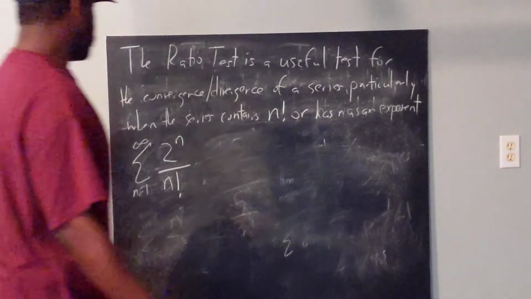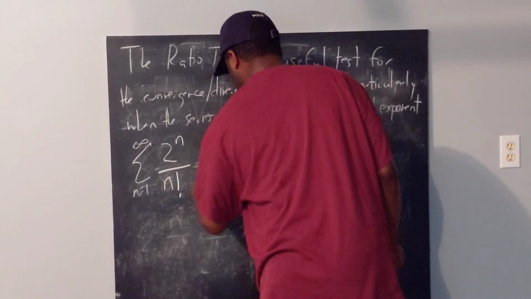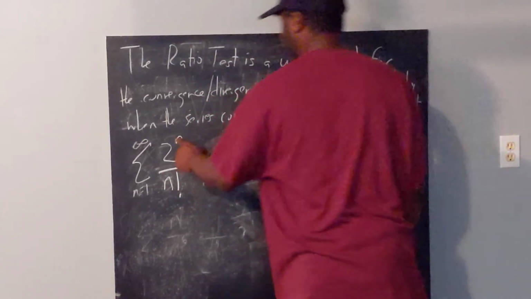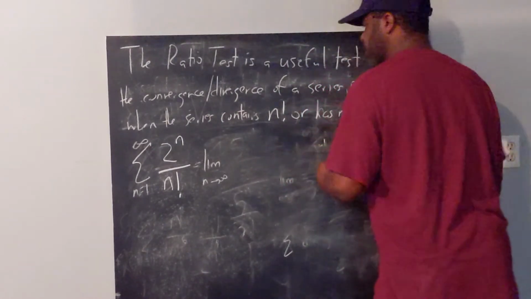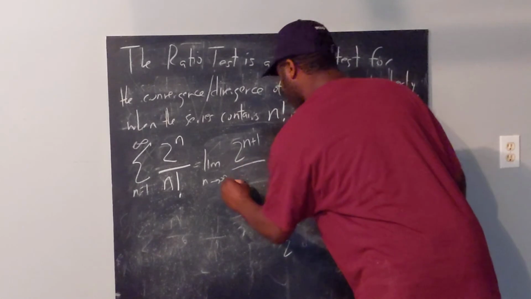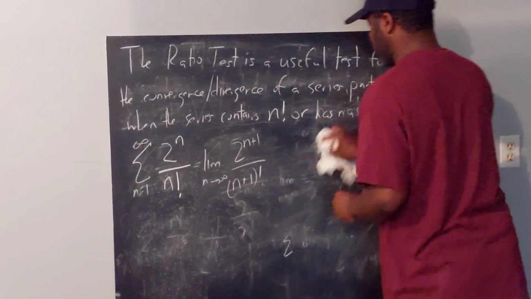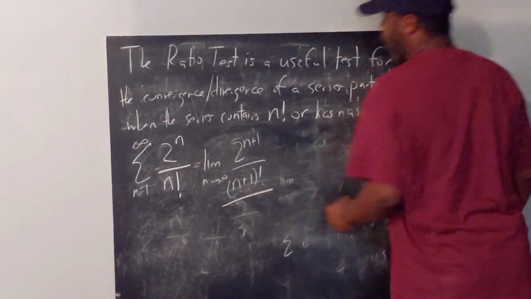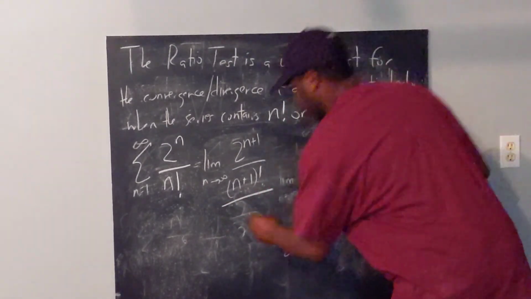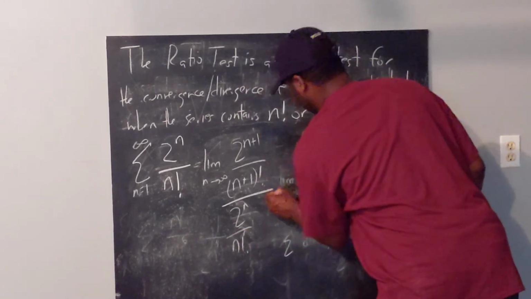Now, what do we do in this case? We let our limit go to infinity, and everywhere we see an n, we replace it with n plus 1. That's 2 to the n plus 1 over n plus 1 factorial over the original series, which was 2 to the n over n factorial.